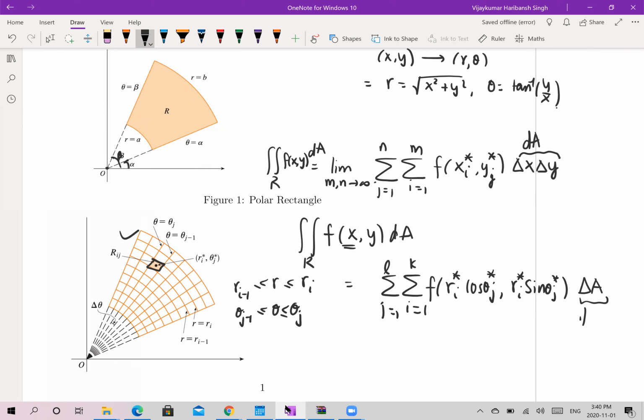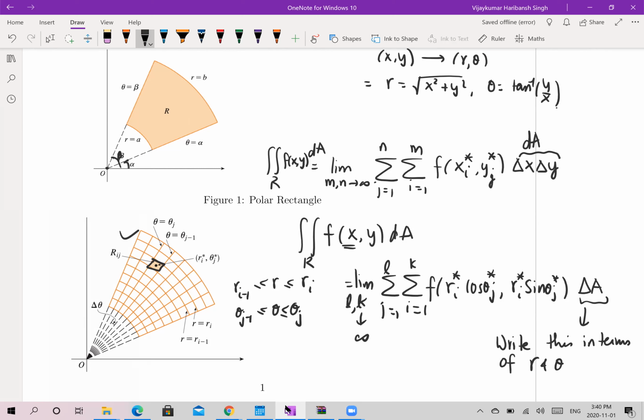Now you want to write this in terms of r and theta. That is our goal. If you let k and L go to infinity, you will get the integral. So we are writing everything in terms of polar coordinates.